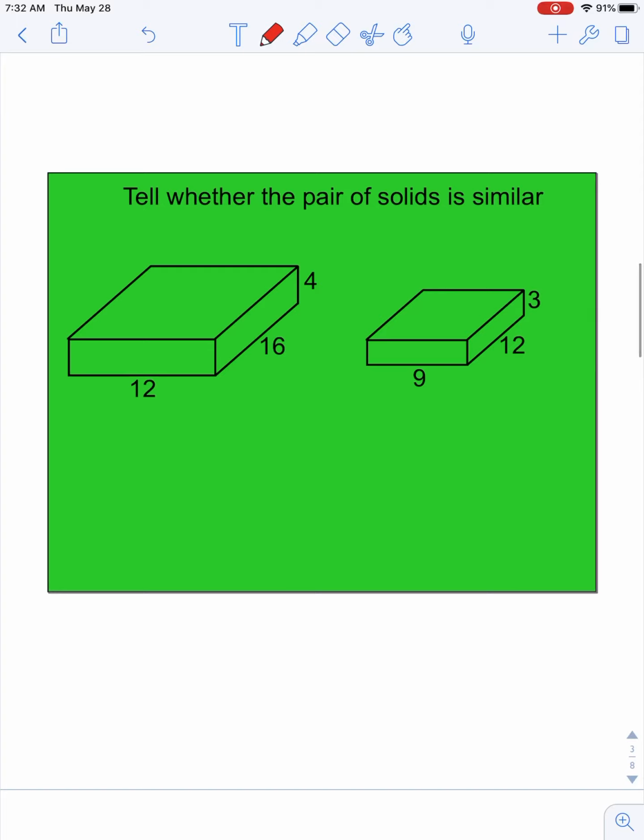So if we want to tell whether the pair of solids is similar, we compare. We compare the smallest side to the smallest side, the linear measures, 4 to 3. We compare the largest side, 16 and 12. And we compare the in-between, or corresponding, side, 12 to 9, to see if these are all the same ratio.